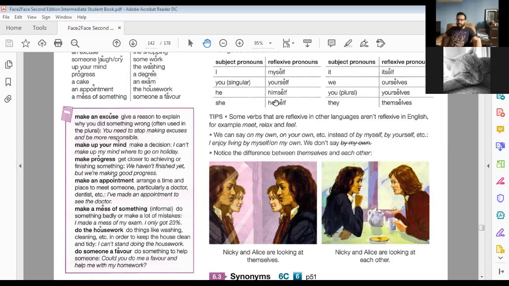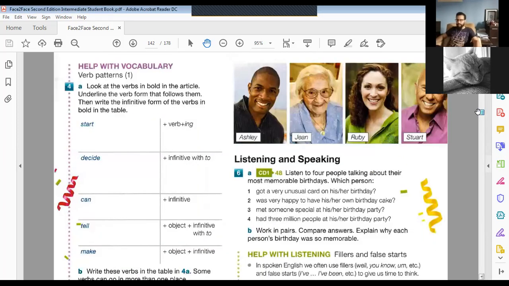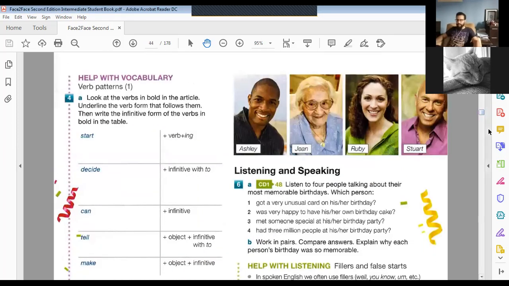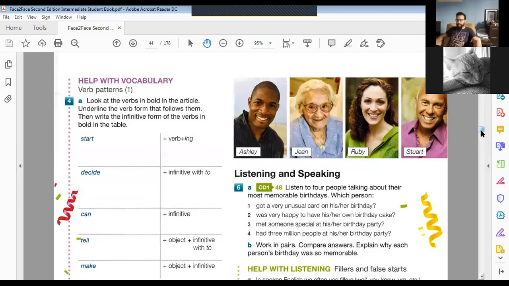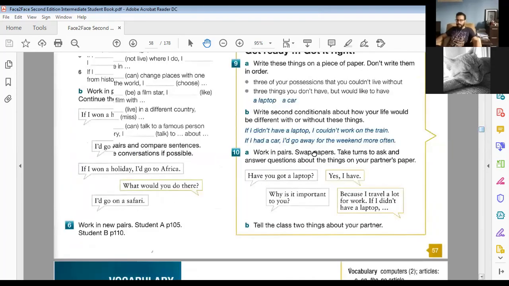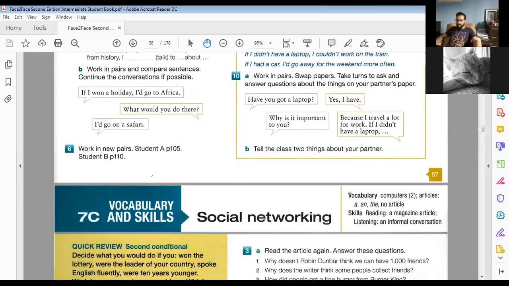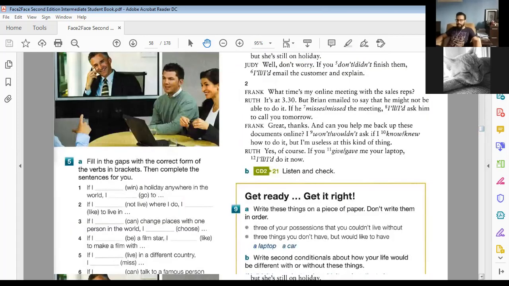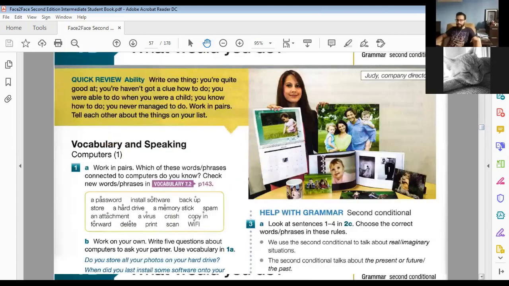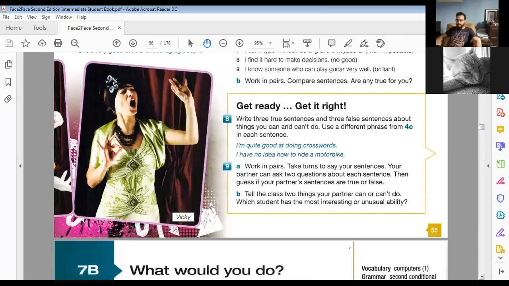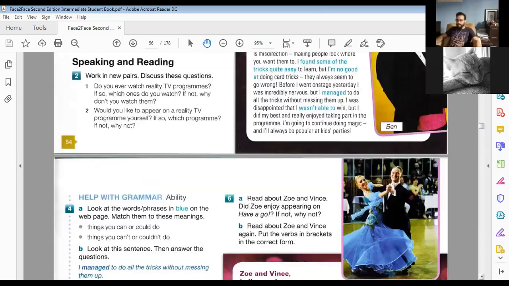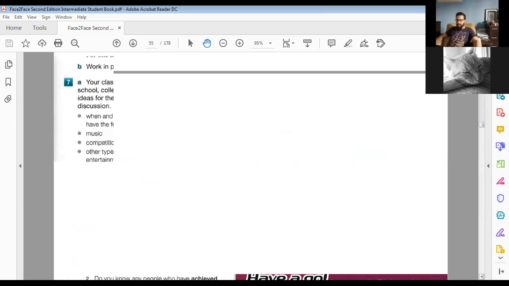Let's go back. Let's do some reflexive pronoun exercises. All right. Not here, the one before it. I think it's the one before this one.